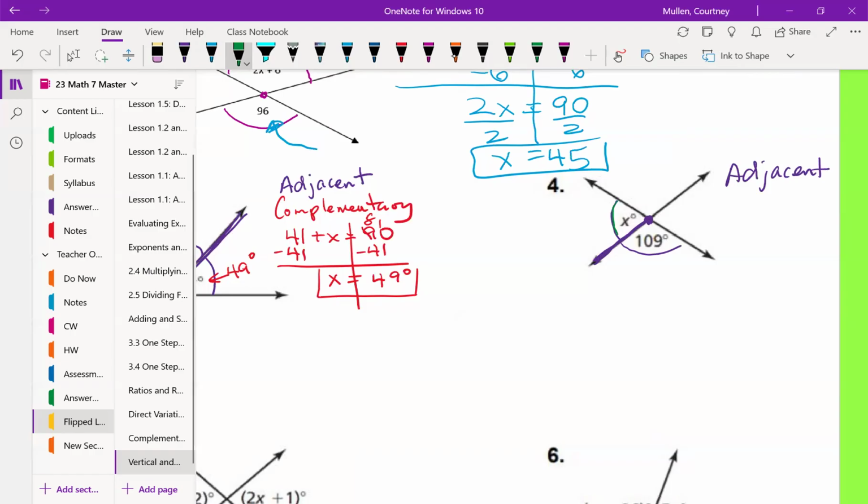What do you notice about these two angles? What shape did they form? And what kind of side do they fall along? This half circle along a straight angle, right? So what type are these? Supplementary. Very good. Write and solve an equation to find the value of x here.